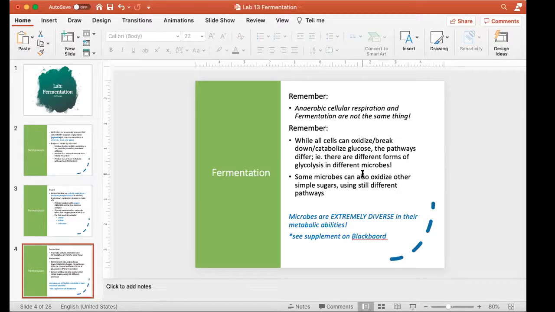You and I are pretty simple in our metabolic abilities. Microbes are very complex. So we do all these tests because it can help us identify what kind of microbe we have. You and I, we do aerobic cellular respiration to make our ATP. We do limited amounts of lactic acid fermentation. That's it.